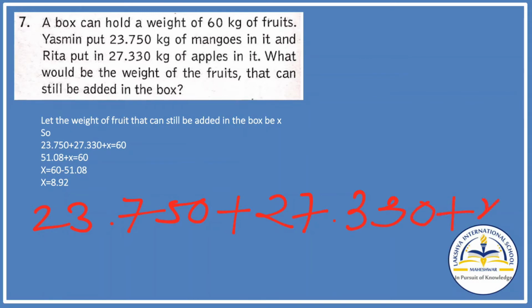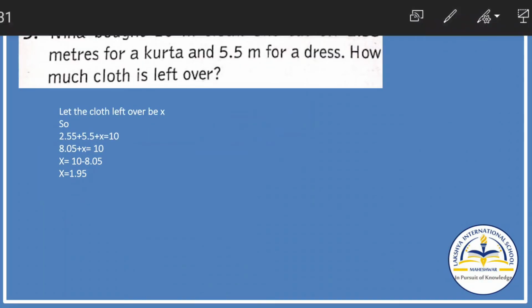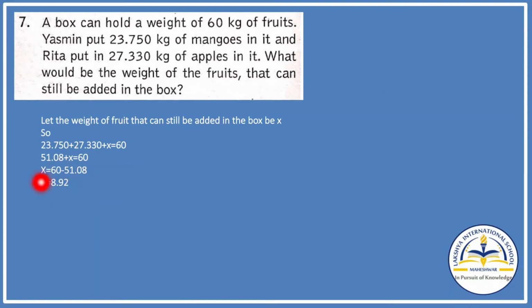Now let the value be x, equals 60. Now add these numbers, you will get 51.08 plus x. 51.08 plus x equals 60. To find x, subtract 51.08 from 60. So 8.92 will be the answer.